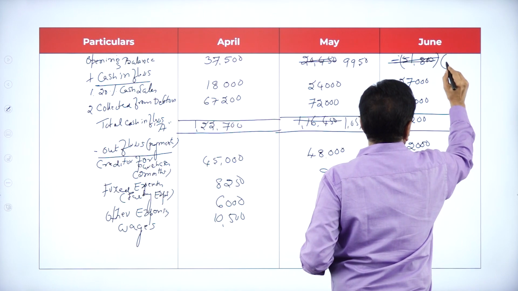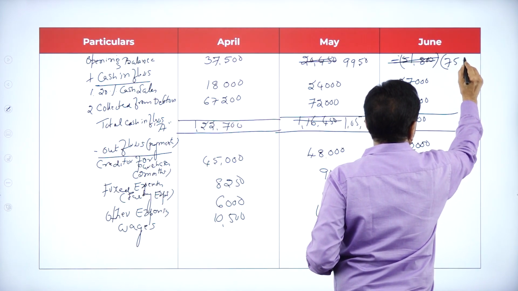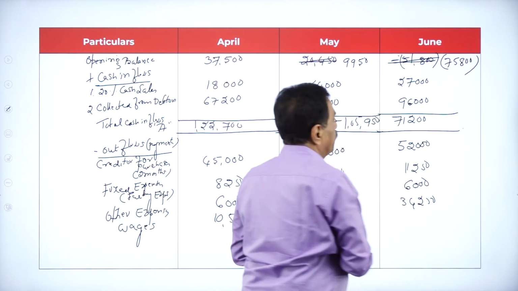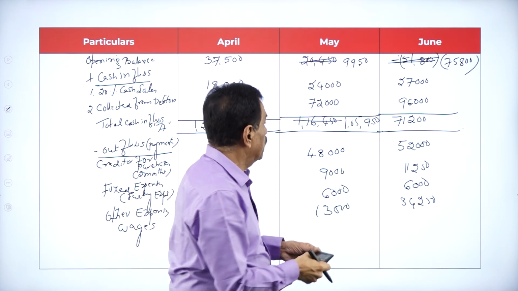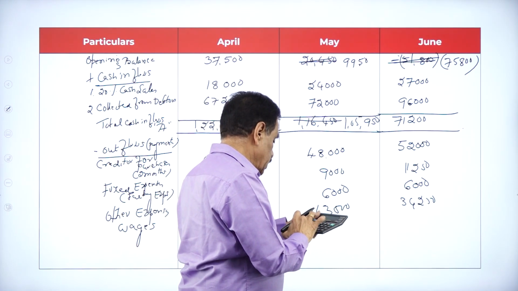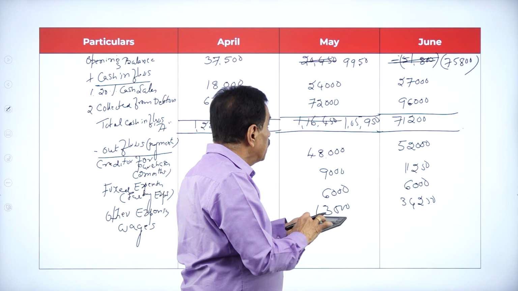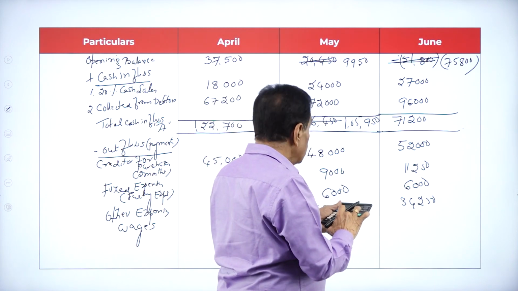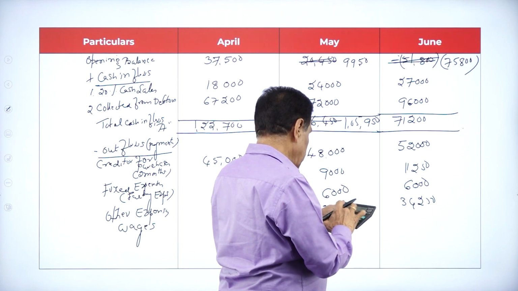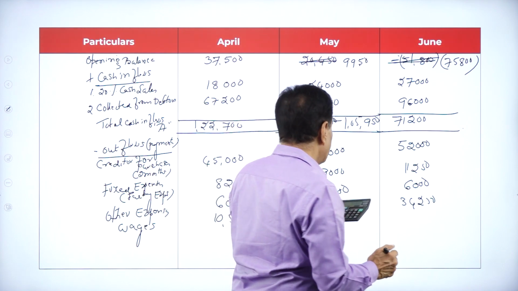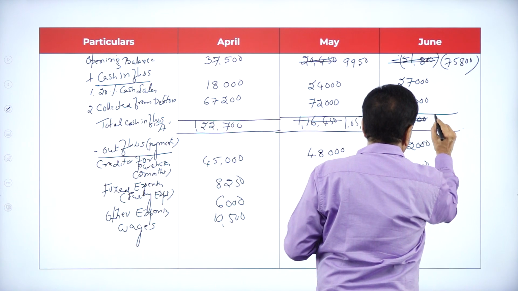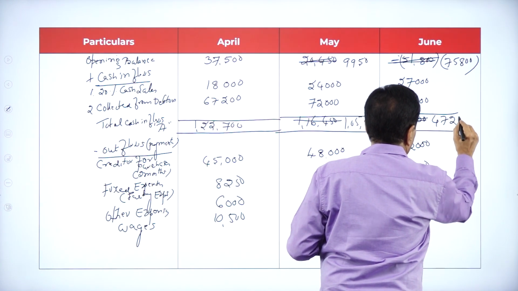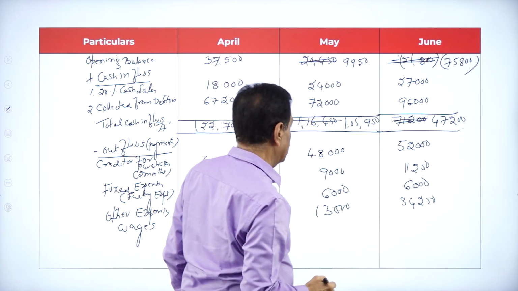My bracket, 75,800. Then here 96,000 plus 27,000 minus 75,800, 47,200. Only total changes.